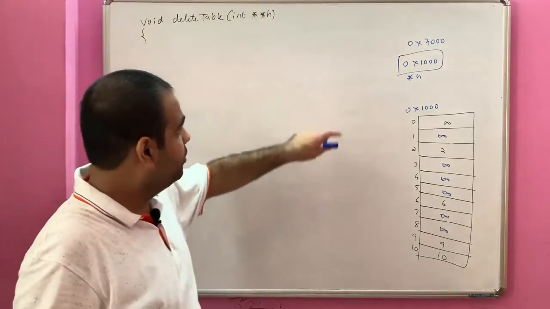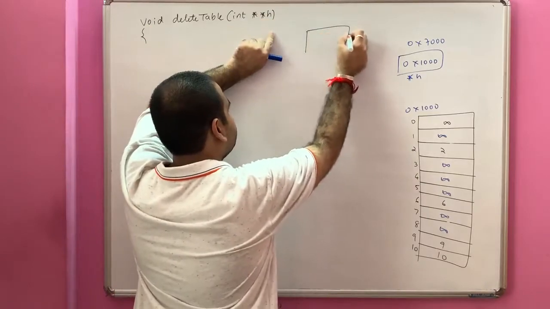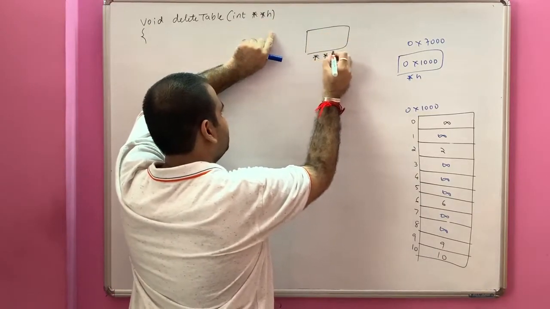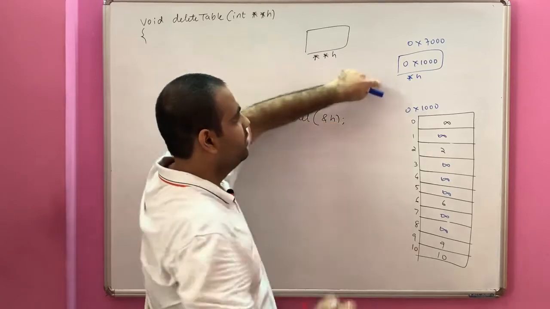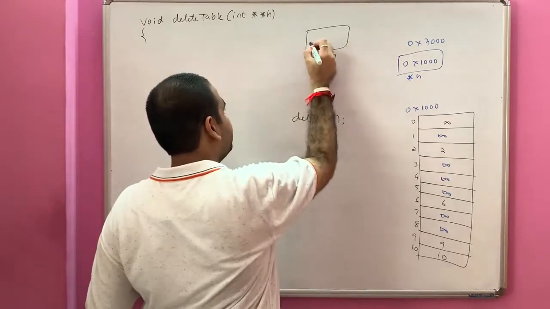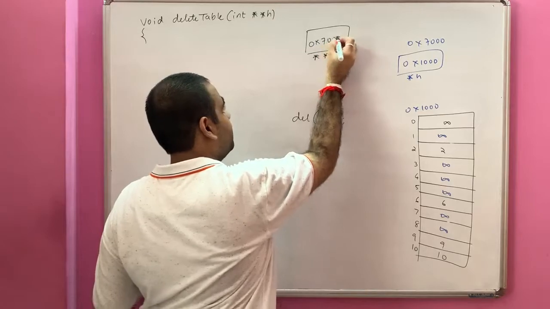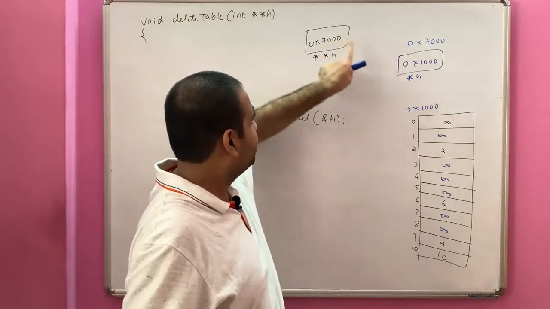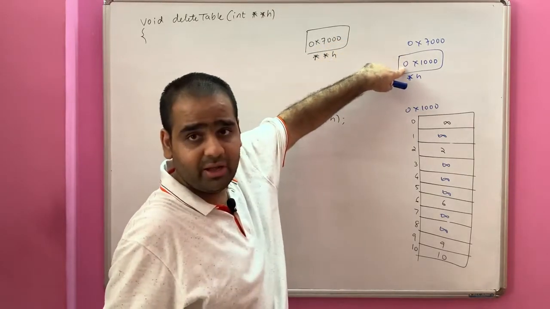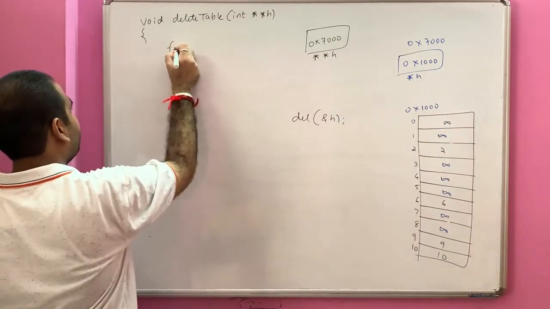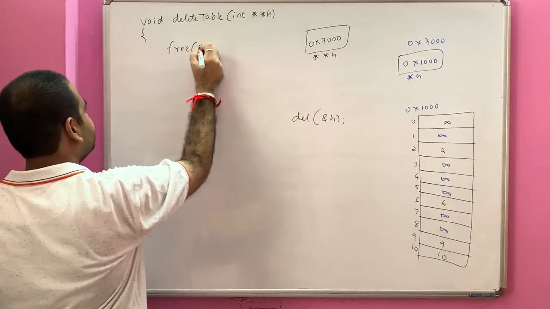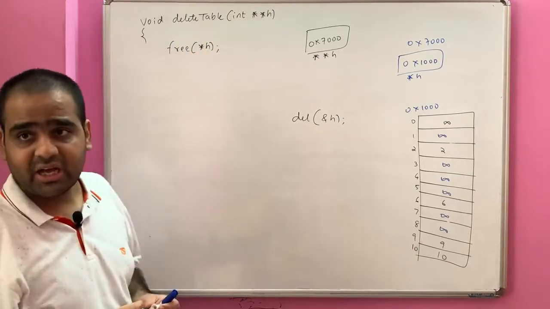Now int star h means this is star h, and you would have called the function like delete of ampersand h. What is ampersand h over here? It is 7000. Go to address 7000, you will find the value 1000 and delete at 1000. Hence, what do we say? We say free of star h. Now what is star h?